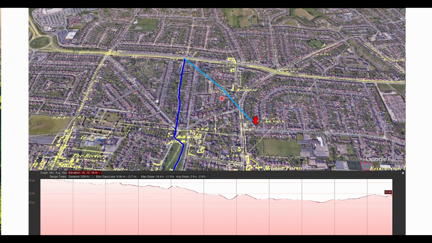So what we're showing here is the possible course of a water supply to the villa, deriving from the spring on the Old Shoreham Road. The light blue line shows the route and the elevation profile for the line, and it shows that gravity feed would indeed be possible.